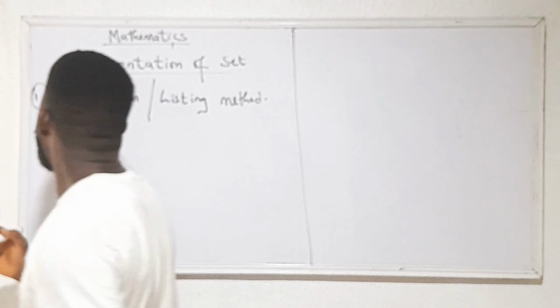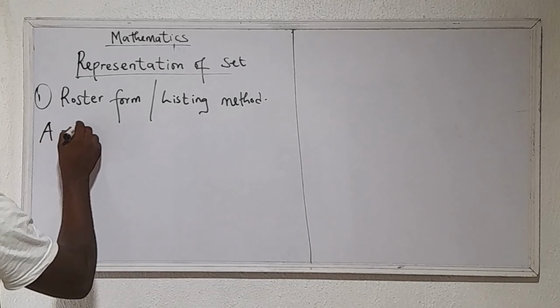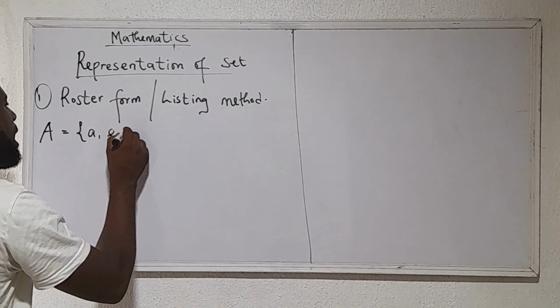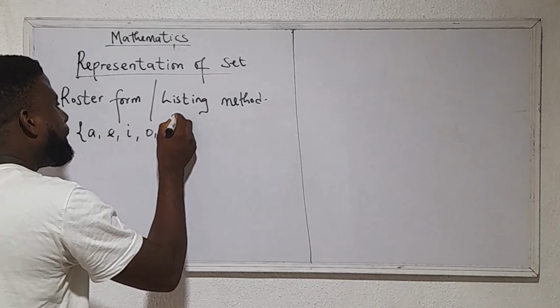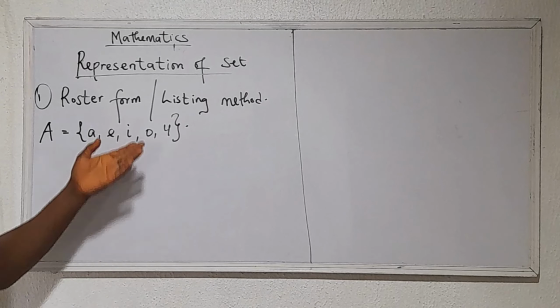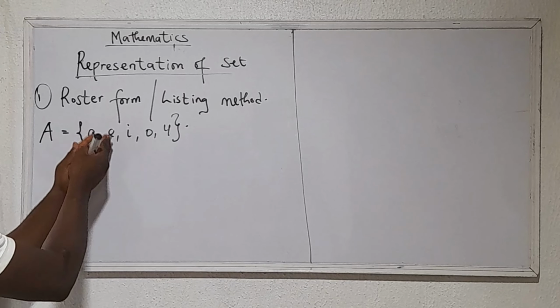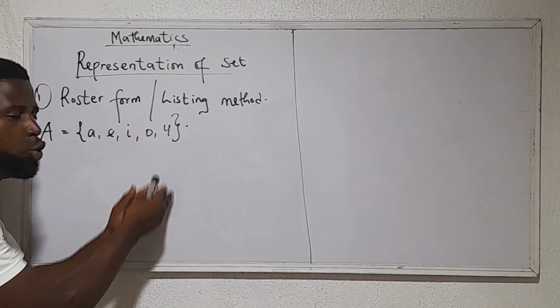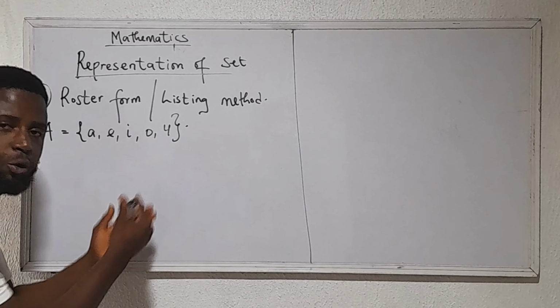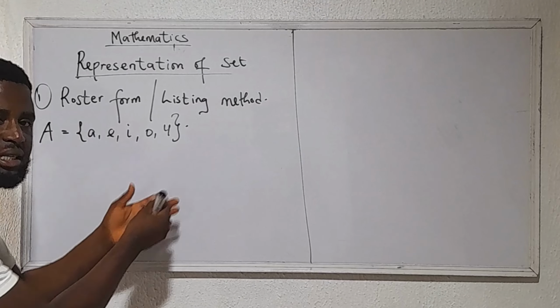For example, we have the set A is equal to {a, e, i, o, u}. Now, we already know that the elements of A are a, e, i, o, u. Why? Because they were given. Why? Because they were listed.